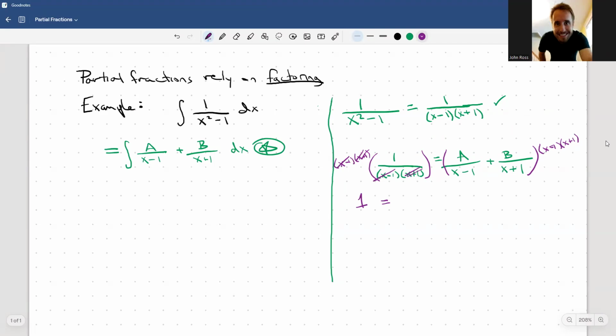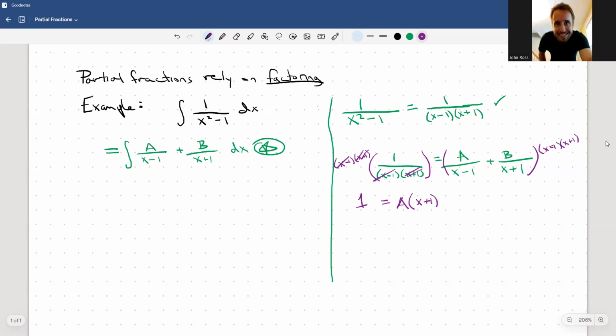Well, on the right-hand side, let's focus on the A expression first. The A expression will multiply by the x minus 1. That will cancel with the denominator. And then we'll also multiply by the x plus 1.